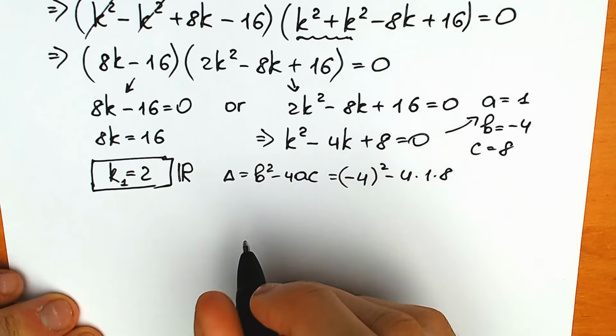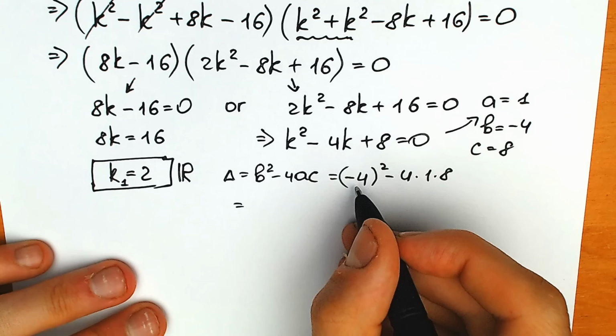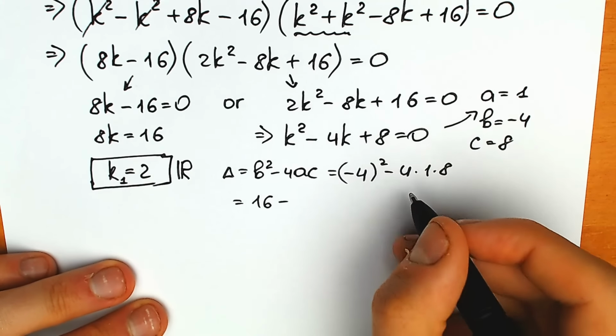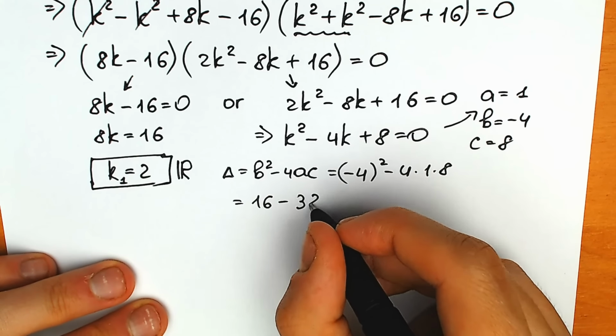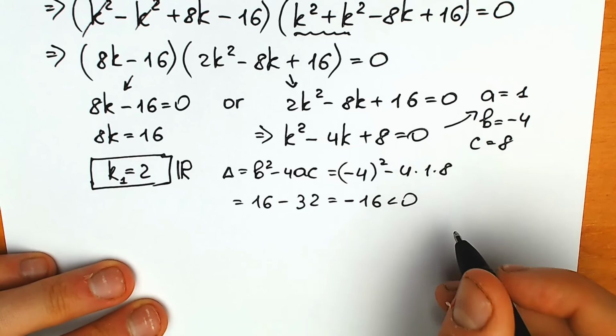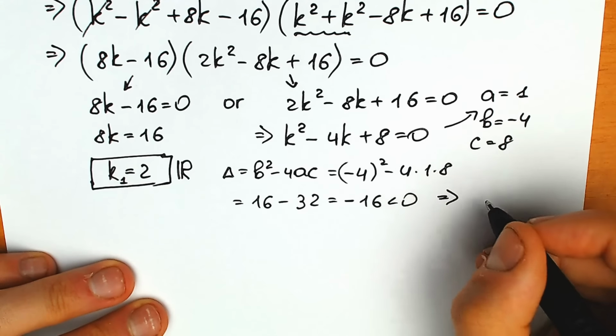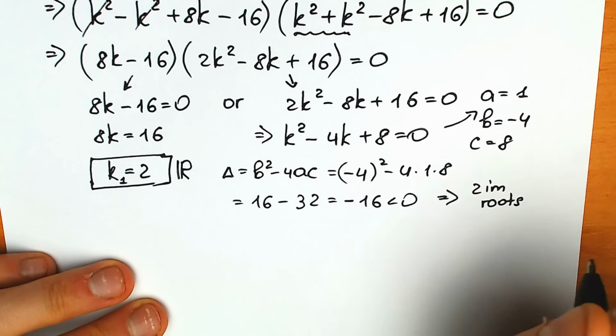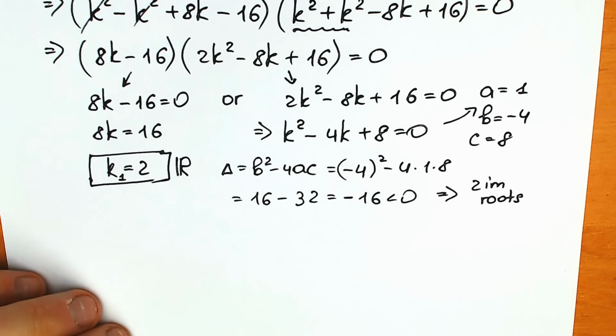Minus 4 square equals 16, minus 4 times 8 equals 32. So our discriminant is negative, so we have minus 16. It means that in this branch we have two imaginary roots, two complex roots, because the discriminant is less than 0.